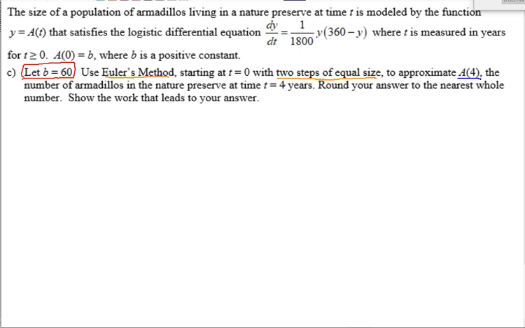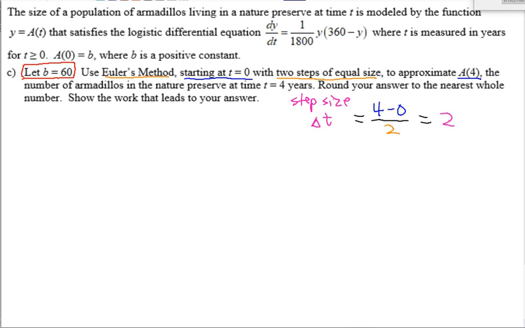So to figure out the step size, which remember we call delta t, you would take wherever you're trying to approximate, 4, minus where you're starting at, 0, divided by the number of steps, 2. So in this case, our step size delta t would equal 4 divided by 2, which is 2.